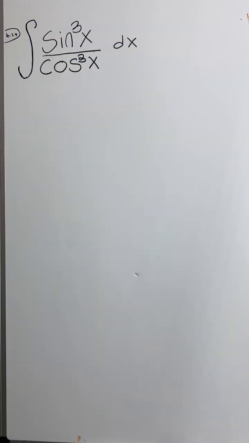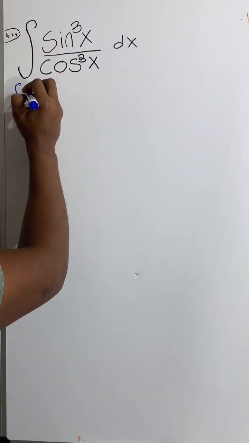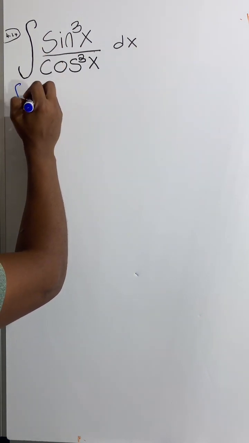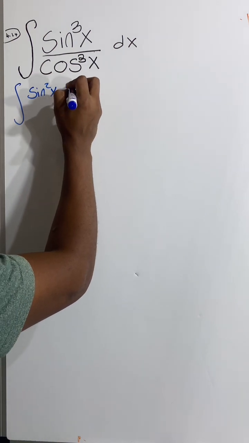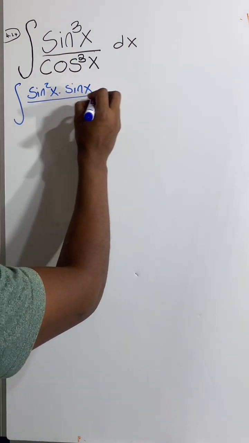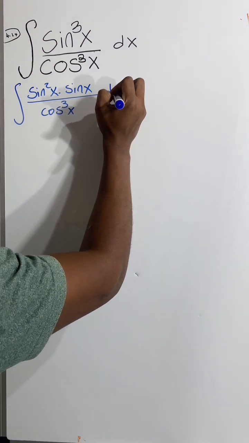For 1.4, we have to evaluate the integral of sin cube x divided by cos cube x dx. One of the methods that you can evaluate this integral is by breaking down the sin cube x as sin squared x multiplied by sin x, divided by cos cube x dx.